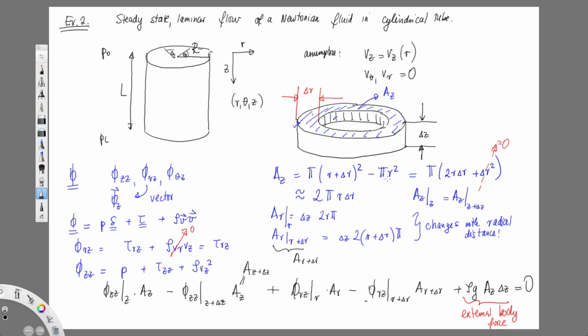We are now going to employ shell balances to solve a problem in a cylindrical tube, and that is sort of a quintessential problem that you're going to be solving in any kind of modeling of flow. If you remember that introduction I had at the very beginning, I had visualizations of pipes on all possible scales in petroleum engineering.